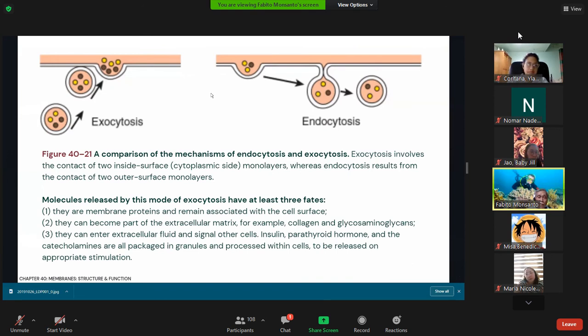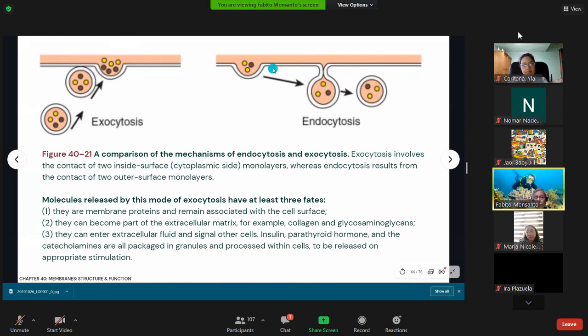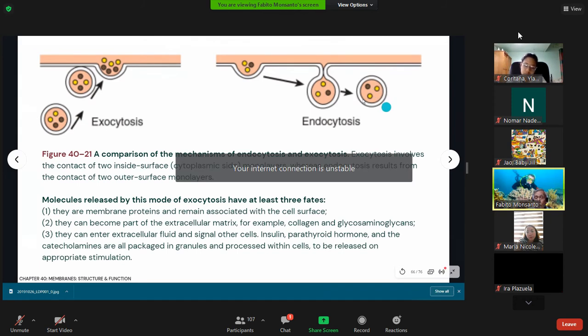Okay? Now this is endocytosis. Membranes here, the same membrane. And this pinches off, that this forms now. Of course, this will open up where it is utilized, the molecules inside.